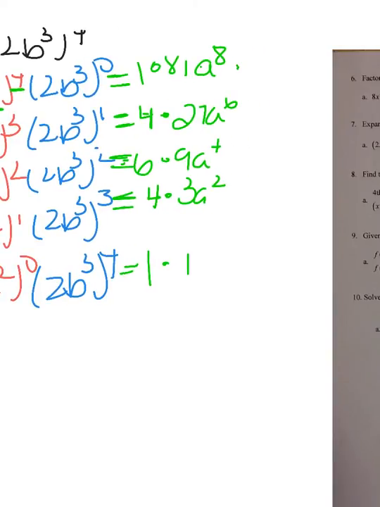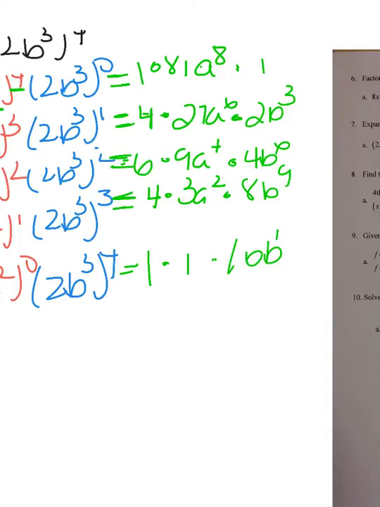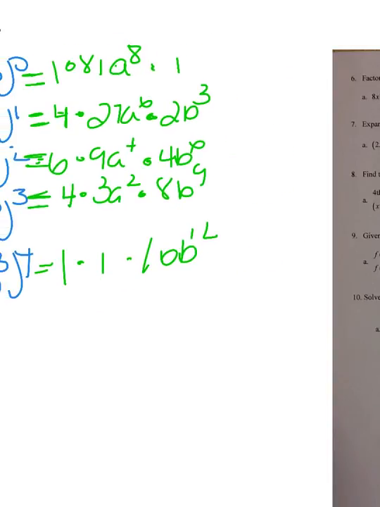Then I have times 1 times 2b to the 3rd times 4b to the 6th times 8b to the 9th times 16b to the 12th. Okay, so let's see what we got now.